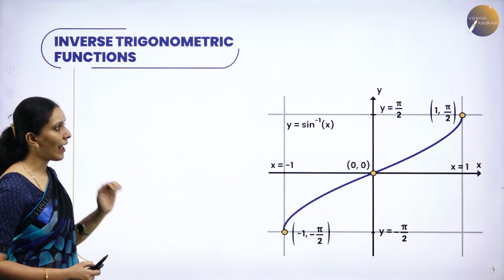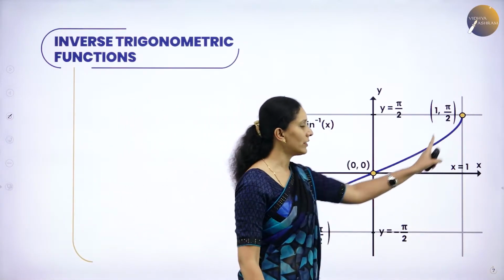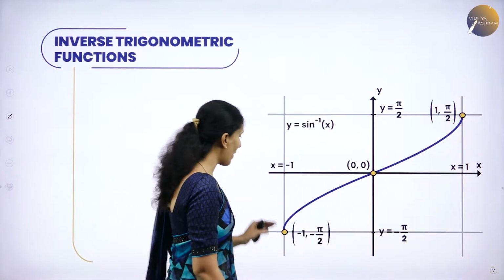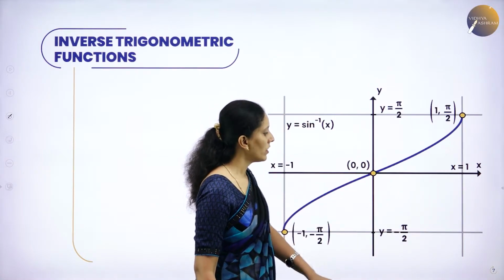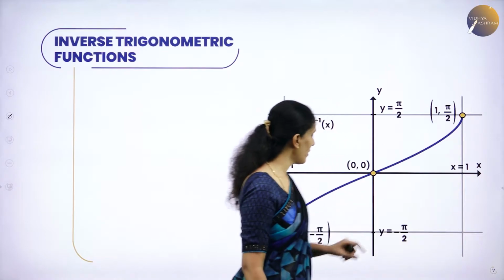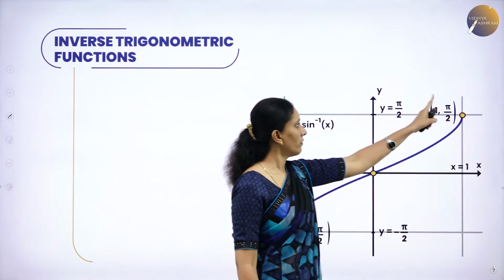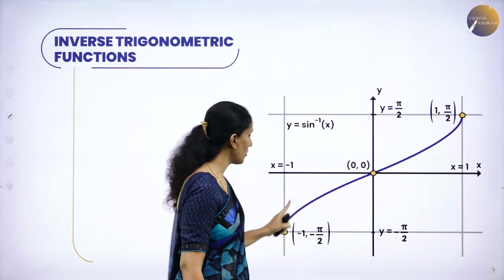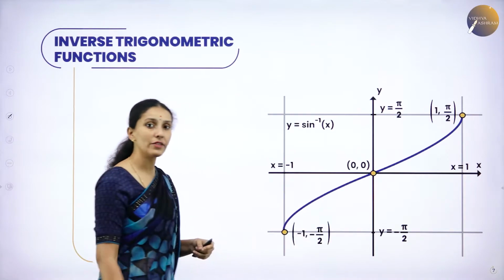Let's see the graph of the sine function. Clearly you can see this is the interval I have taken from minus pi by 2 to plus pi by 2. Sine 0 is 0, sine pi by 2 is 1, sine minus pi by 2 is minus 1. So these are the points with respect to pi by 2, 0 and minus pi by 2, and this is the graph of the sine inverse function.